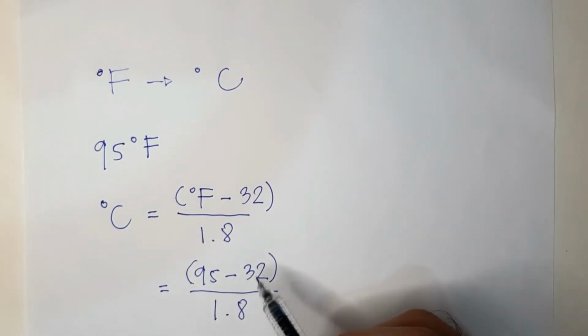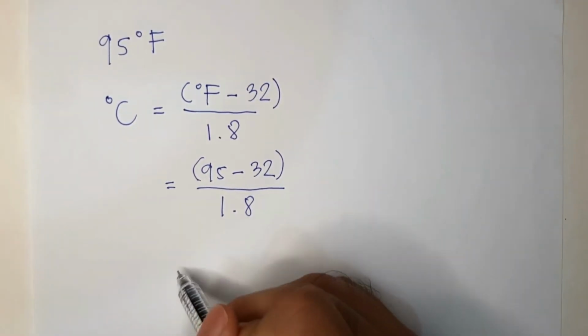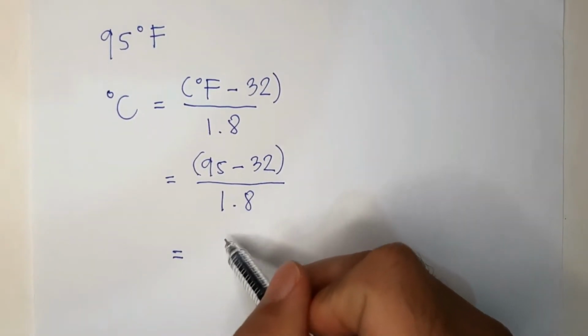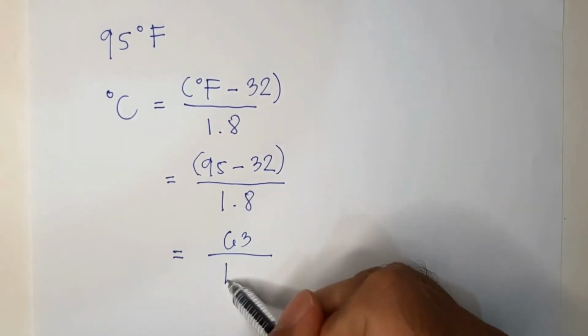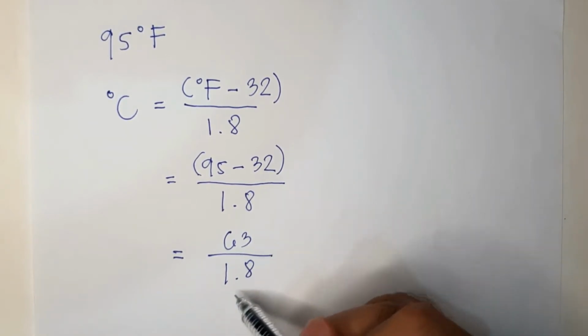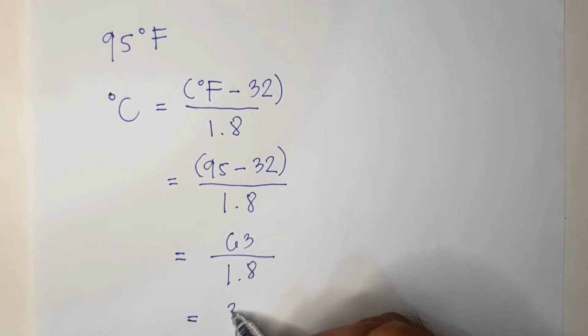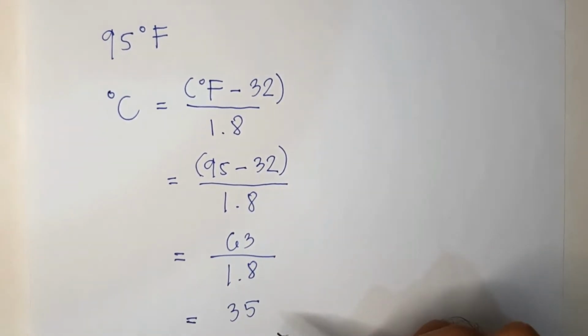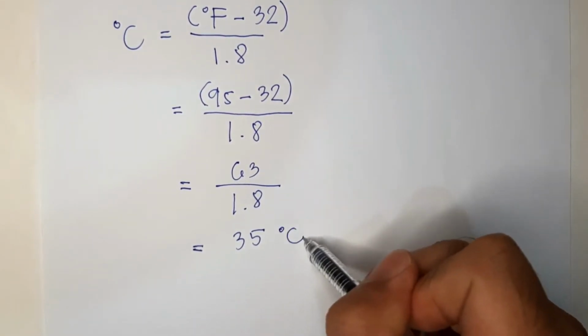So 95 minus 32 over 1.8. So we do this first. 95 minus 32 is 63 over 1.8. 63 divided by 1.8 is 35. So the final answer is 35 degrees Celsius.